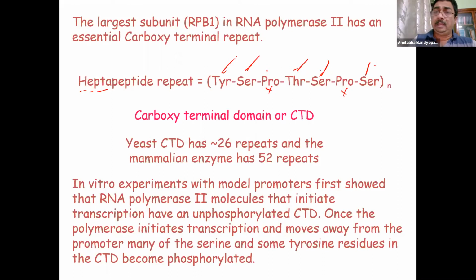It has an essential carboxy-terminal repeat, which I will explain in a later slide. There is also species-specific variation. The C-terminal domain of yeast has 26 repeats, while in mammals it has 52 repeats. The phosphorylation is primarily on serine and threonine, and some tyrosine residues can also get phosphorylated.